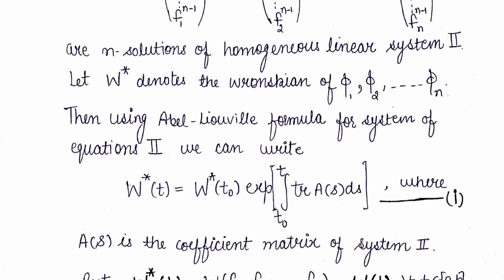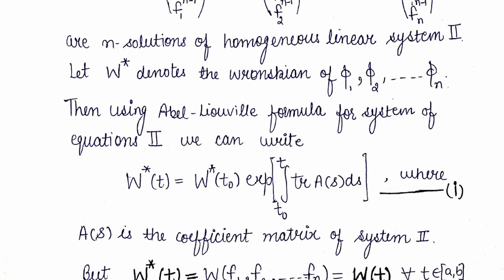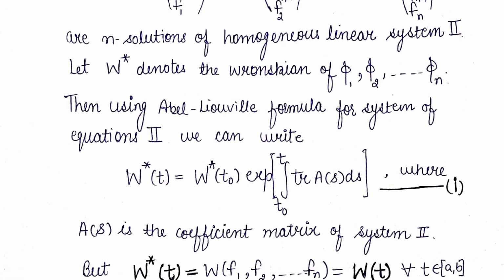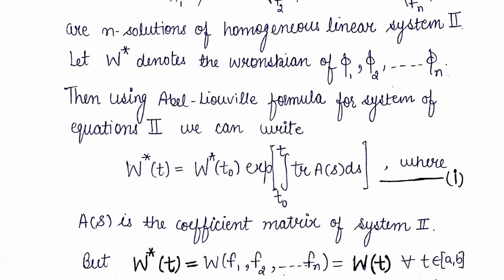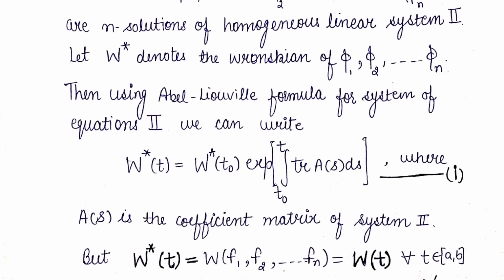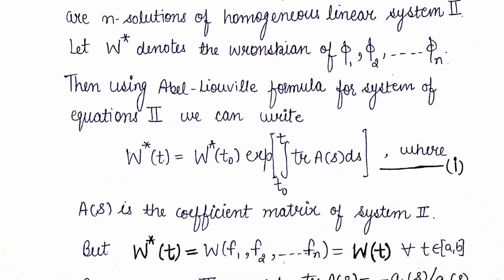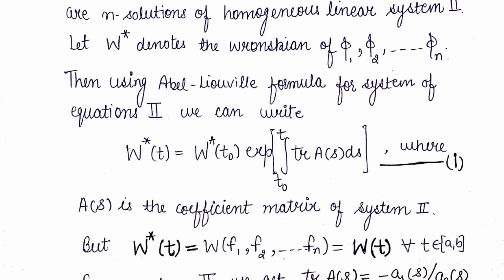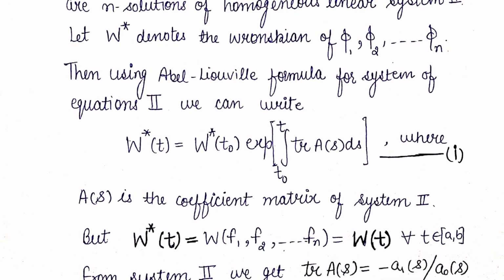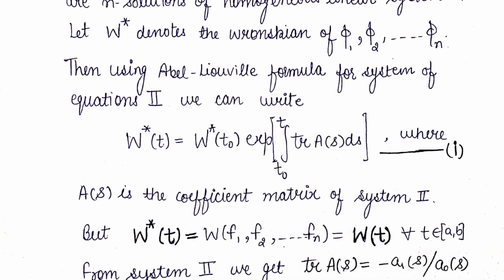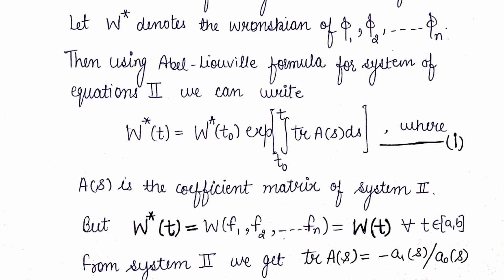So W star t is the same as Wt, and if you substitute Wt in place of W star t in 1, and you check that if you form the system, if you take the transpose, trace, and if you check that the trace of this matrix As for the system 2 becomes minus A1s over A0s.